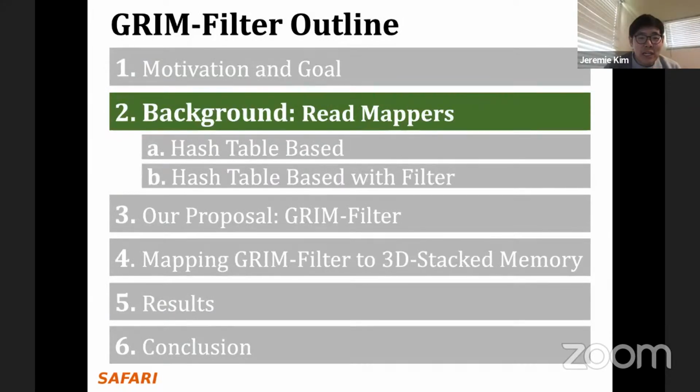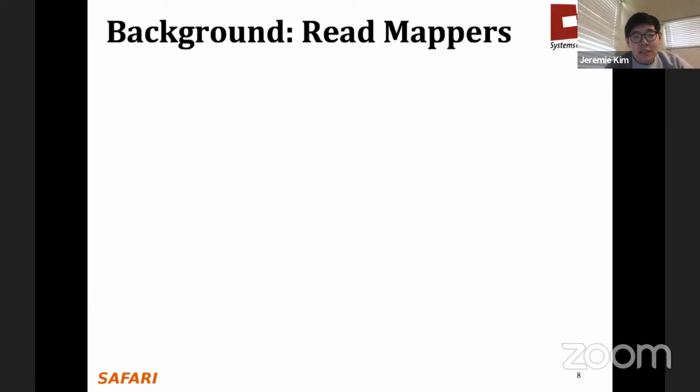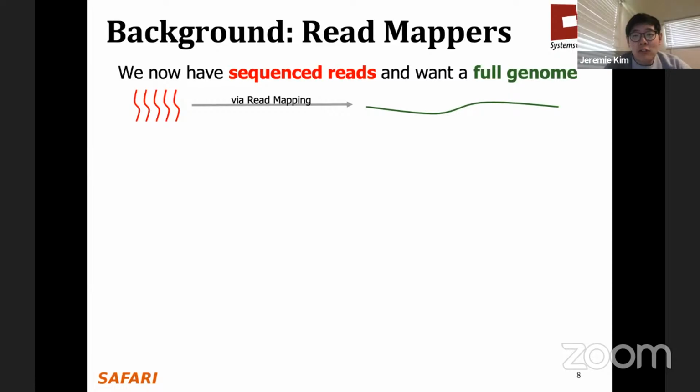I'll go into the background of read mappers, and in this paper, we focused on hash table-based read mappers because they were more accurate and more comprehensive compared to other methods. So what read mappers do is take a number of the sequenced reads, which are around 100 base pairs in our paper here, and we reconstruct the full genome, which is the green strand on the right.